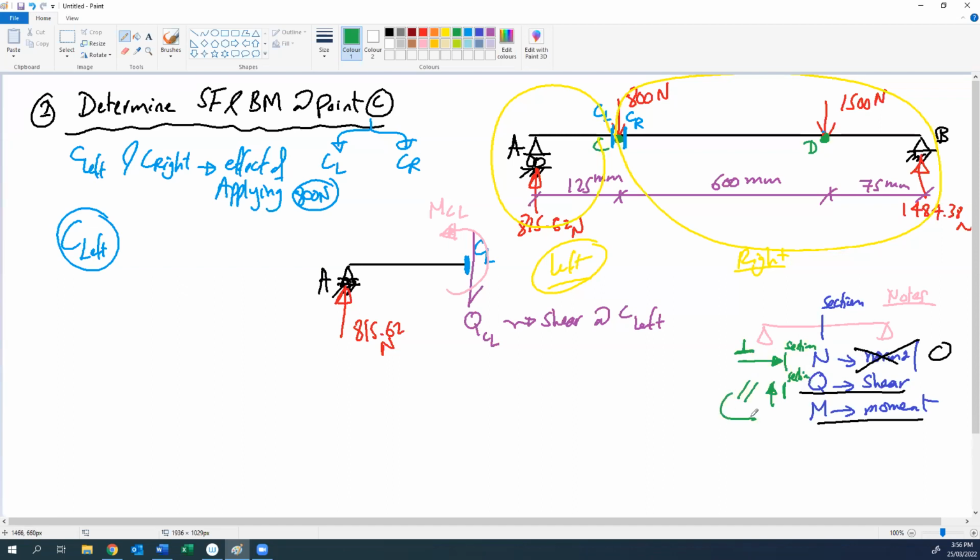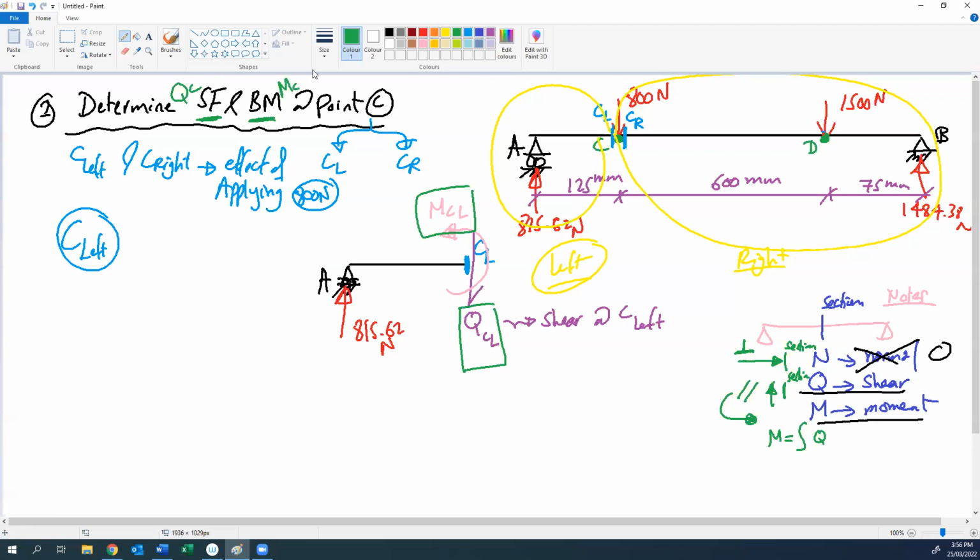And if we have shear, we have moment, because the moment is the integral of shear, or the area of shear. That's why when I cut here, we have 2 unknown straining actions, QCL and MCL. And that's why the question asks for shear force and bending moment at C. Shear force is QC and bending moment is MC.